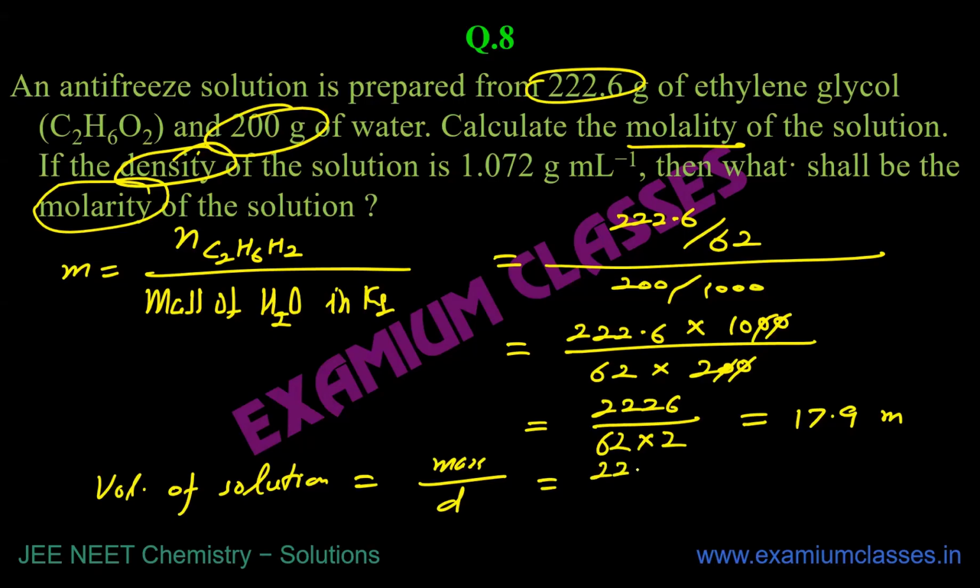So it will be mass of solute plus mass of solvent, divided by density. Density is given 1.072, but this one in milliliters. Make sure you convert it to liters, because in molarity we need it in liters.